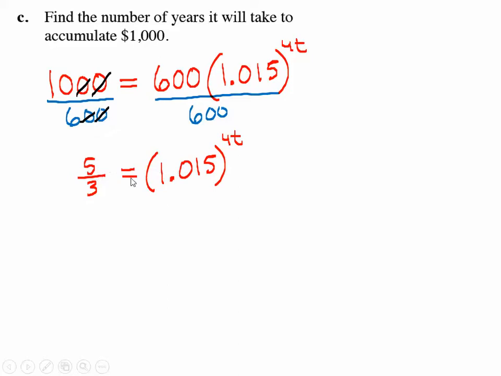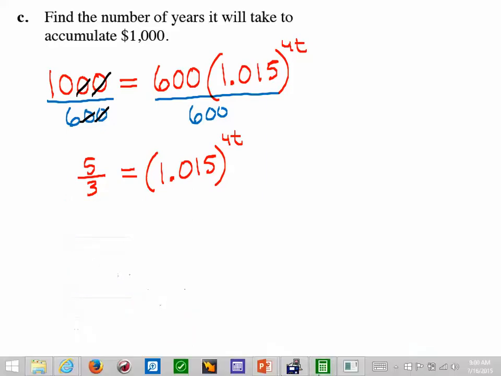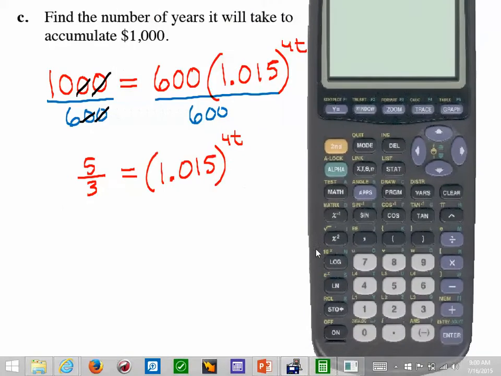So we are stuck right here. We can't go any further than this. Oh well. So the only other way to solve it is you got to do it by graphing.